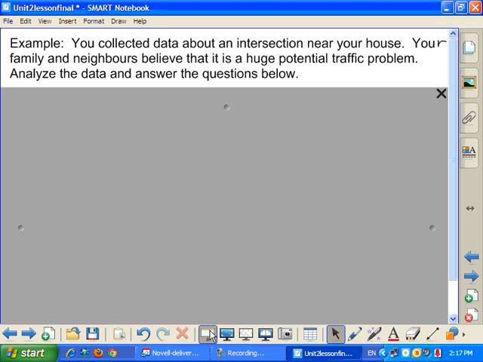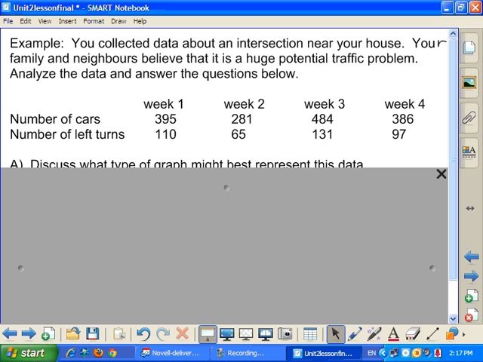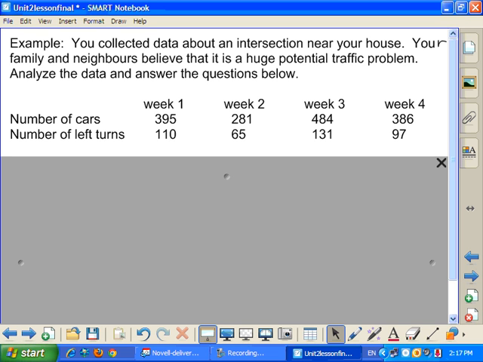So analyze the data from the question below. So here we are. Over 4 weeks, so a whole month, you counted the number of cars. So you counted how many cars come to this intersection every week. And then you found out how many made a left turn.